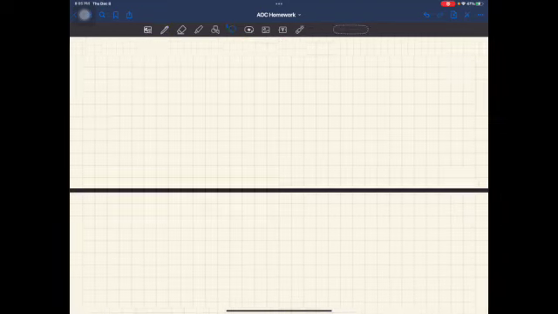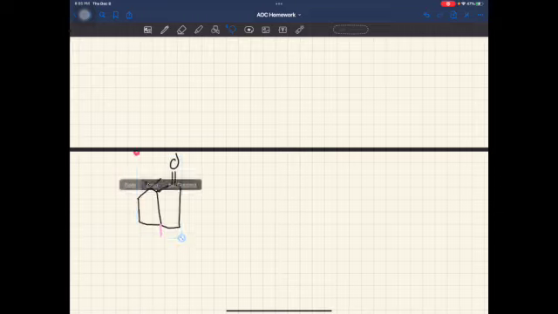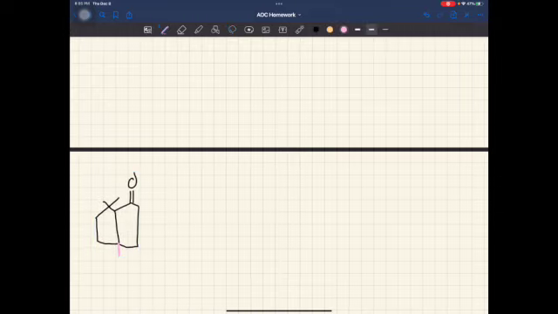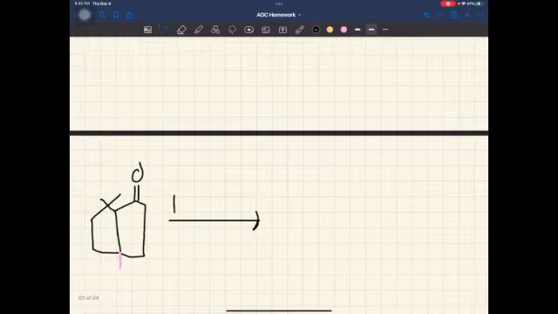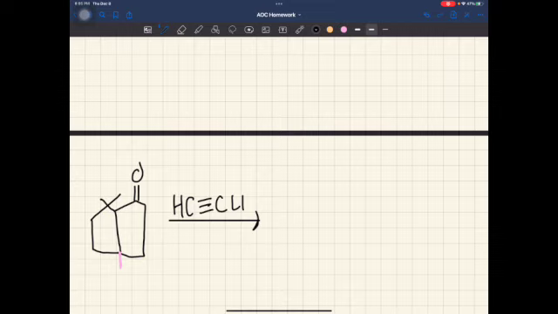They used this product right here, and what happened here is a similar idea of using a carbanion. So here it looks like this, and we have this carbanion structure. It readily attacks this carbonyl group, and it breaks the carbon-oxygen pi bond and forms the molecule that looks like this.